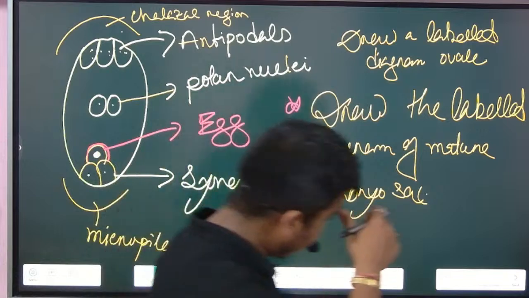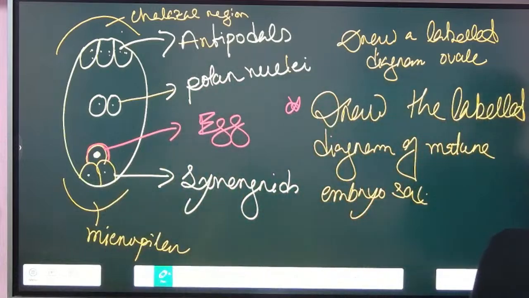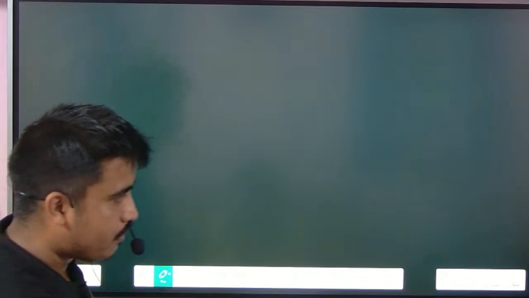Got it? So megasporogenesis is done. Now microsporogenesis is done and megasporogenesis is done, which means male gametes and female gametes are ready for fertilization.